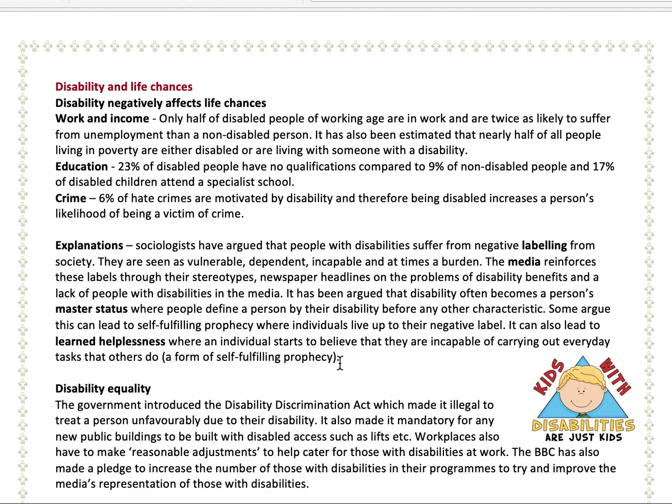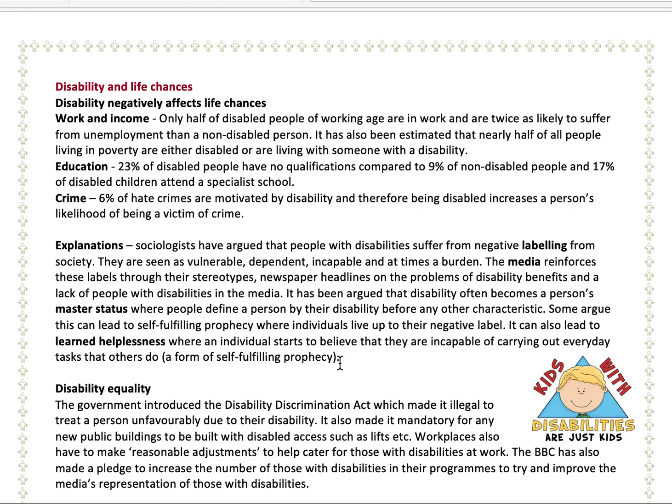They are nearly 3 times more likely to not have qualifications in comparison to non-disabled people. The idea of being at risk of being victims of hate crime as well.